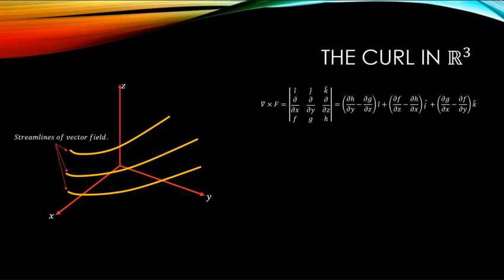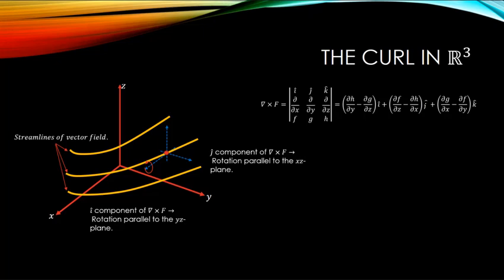Geometrically, I can set up a 3-dimensional coordinate system and look at plotting streamlines for a vector field. If I choose one point on my streamline of my vector field and superimpose a coordinate system that is parallel to the x, y, and z axes that I already have, the i component of my cross product gives me the rotation parallel to the yz plane. This is a rotation about an axis that's parallel to the x-axis.